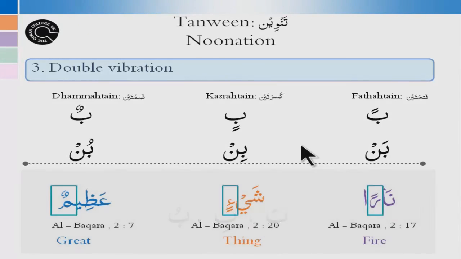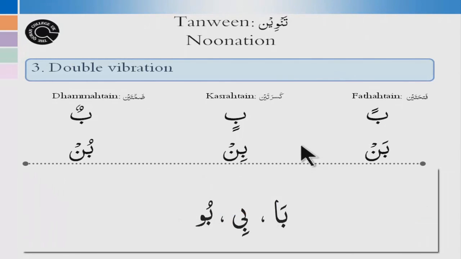And then you came across another one, the long vowels, when a corresponding sound is attached to the letters alif, waw or ya, and there were corresponding sounds that stretch the sound out like ba, bee, boo, and that was the stretching or prolongation sound, and those letters were called huruf madd.